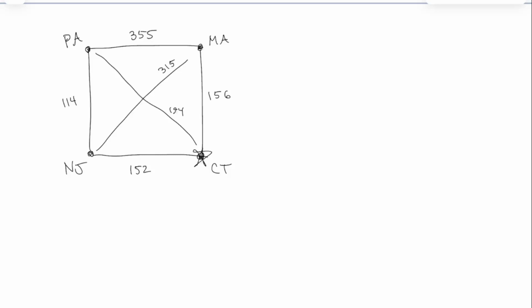I'm just going to write C, M, P, and N, because I'll be writing various ways you could go from one to the other, and it's a pain if they all have 2 letters. So what I'm going to do is list all Hamilton circuits. And like I said before, this is the same as just listing all possible reorderings.